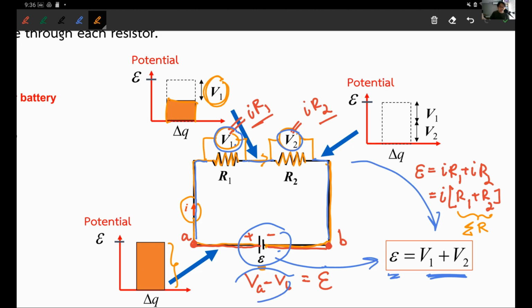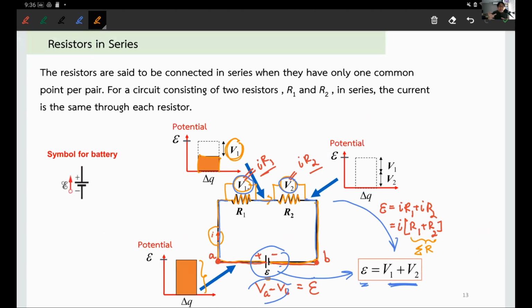When I say equivalent, it means if I want to imagine that these two resistors to be just like a single resistor, how much resistance should that single resistor be? And that's how you can get rid of complicated structures of resistors and reduce down to a single resistor and use simple Ohm's law.